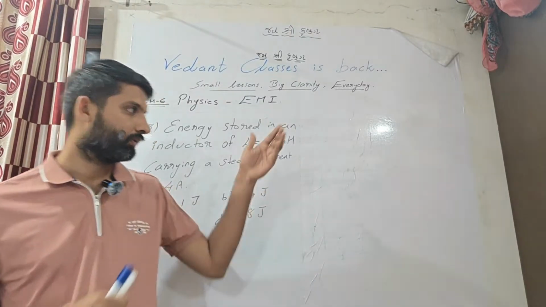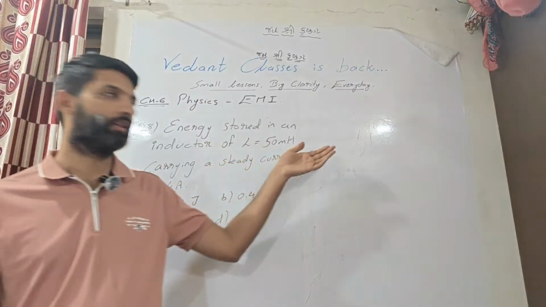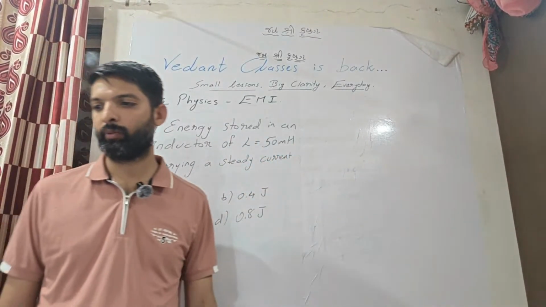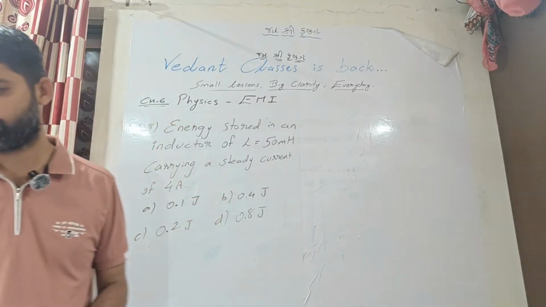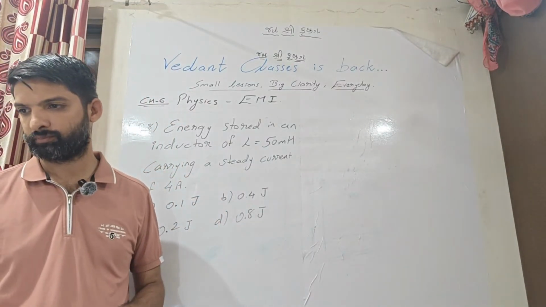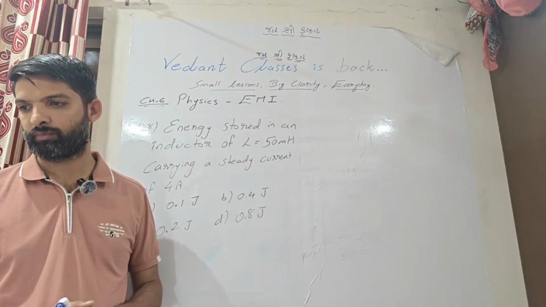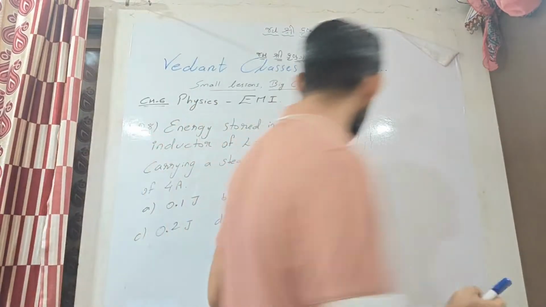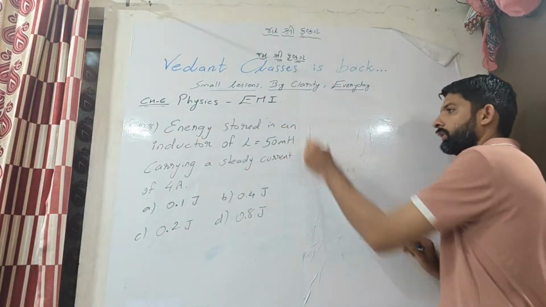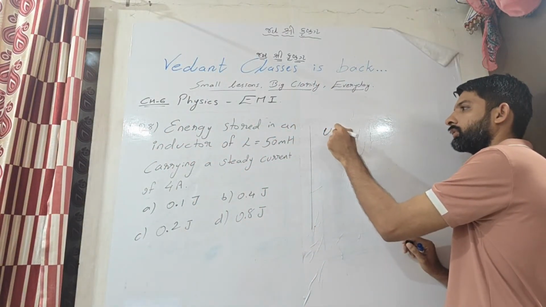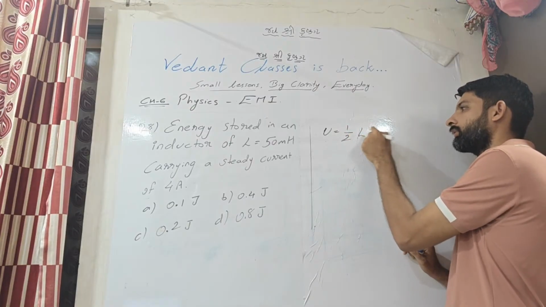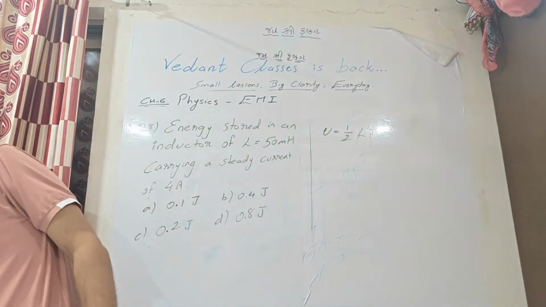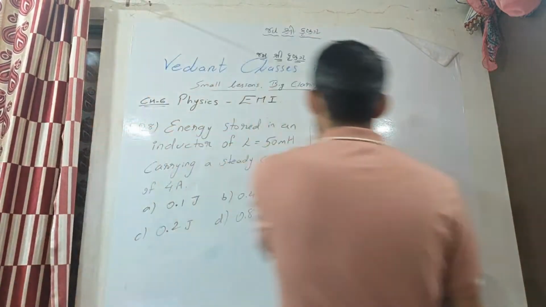And in chapter 3 we have studied that for cells connected in parallel, the net EMF will remain the same. That's why it won't affect. Okay, everyone getting option B. The easy formula that you have used, 1/2 L i square. The easiest question we have solved in this session till today.